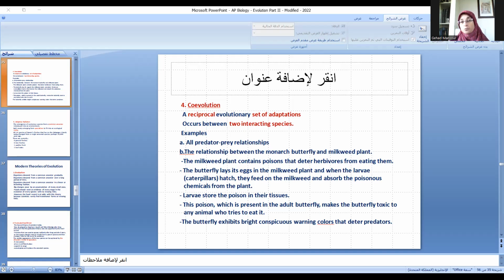So it is similar to divergent evolution, but this time we have several divergences in several niches, or in several comfortable environments.